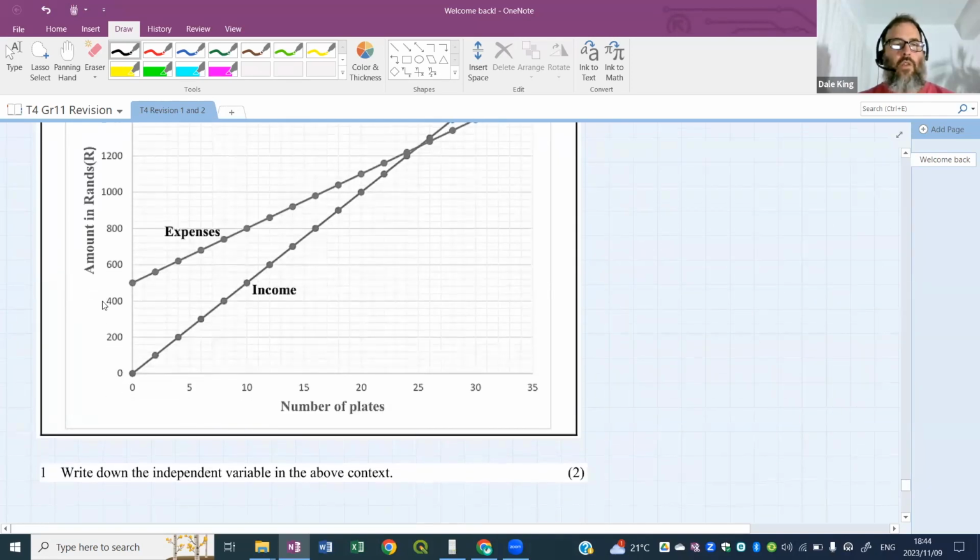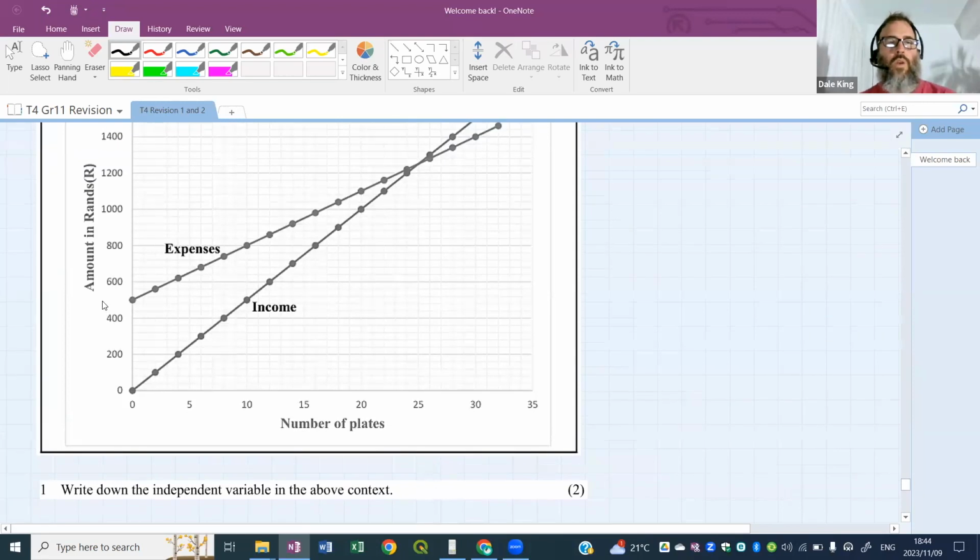Number 1. Write down the independent variable in the above context. Nice question. Who can tell me which one is the independent variable? I need someone to come online and explain to me.